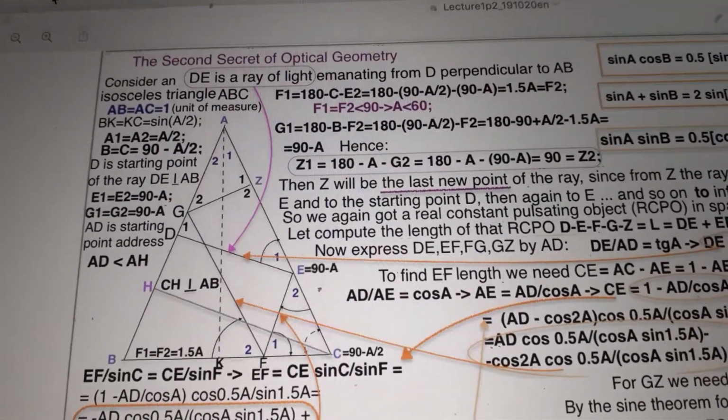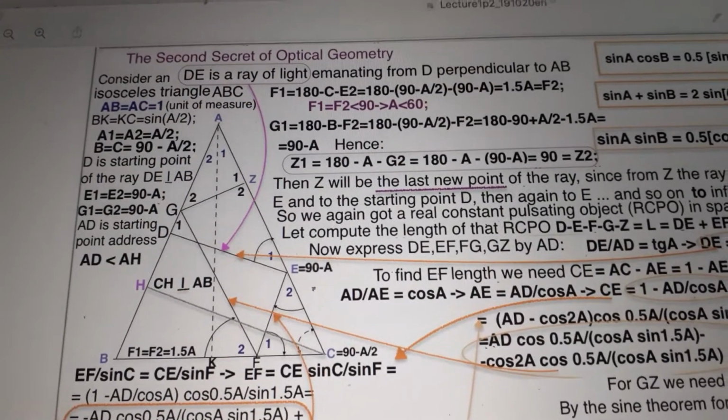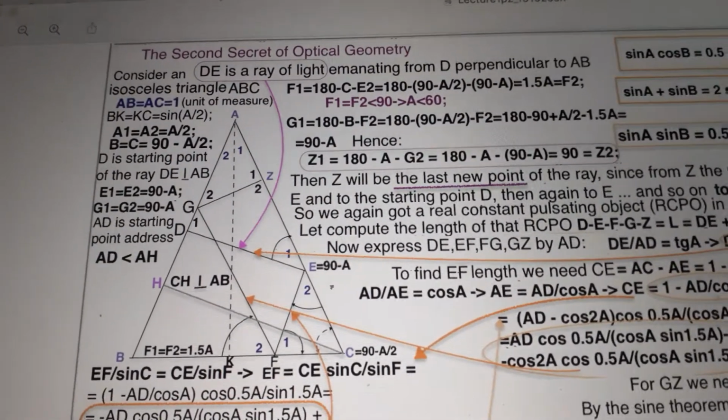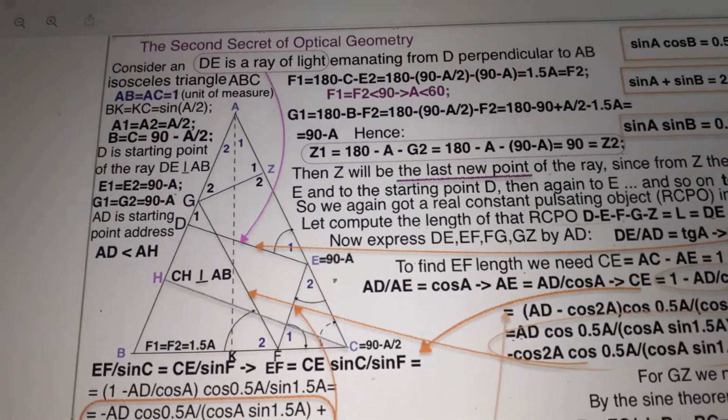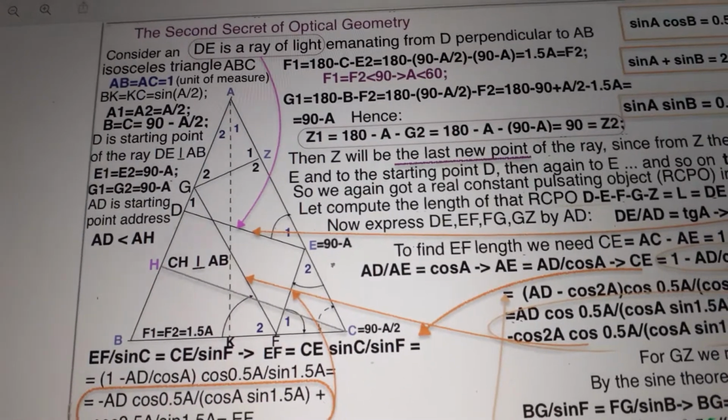The second secret of optical geometry. Consider an isosceles triangle ABC.